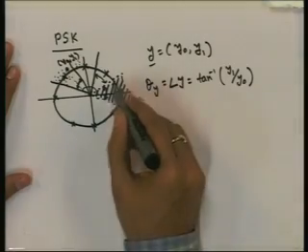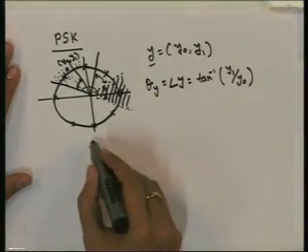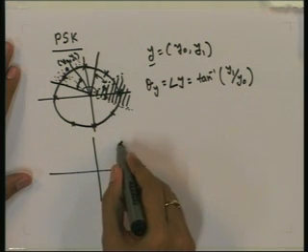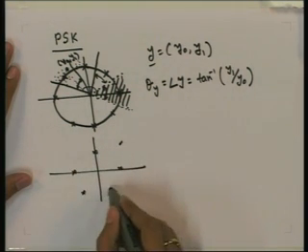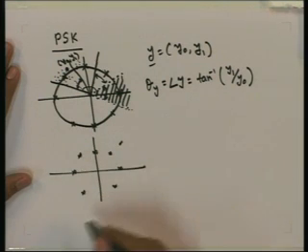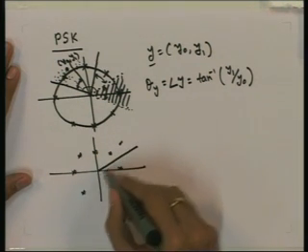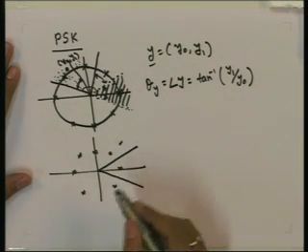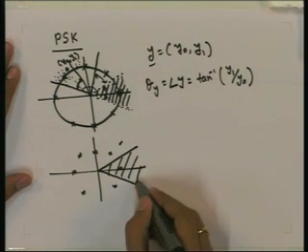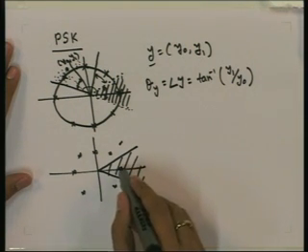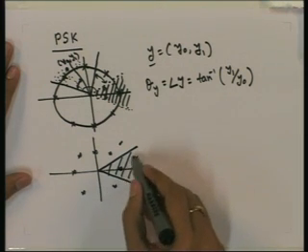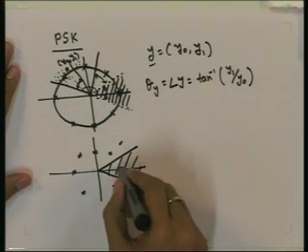Now, these regions are called the decision regions. So, for PSK we have these points. Then if the received point is in this region, then we will decide in favor of this point. We will decide that this is the one which was transmitted. So, this region is called the decision region of this point.